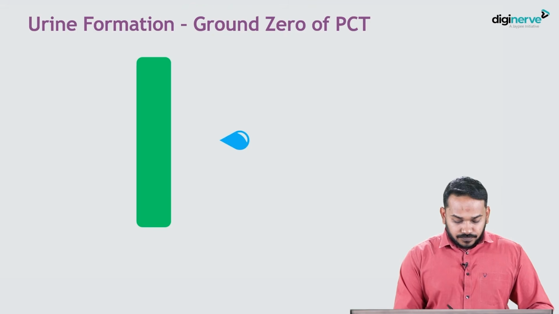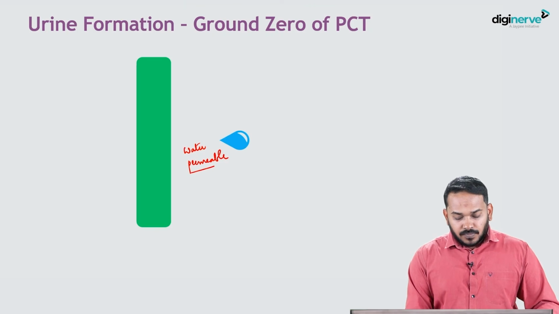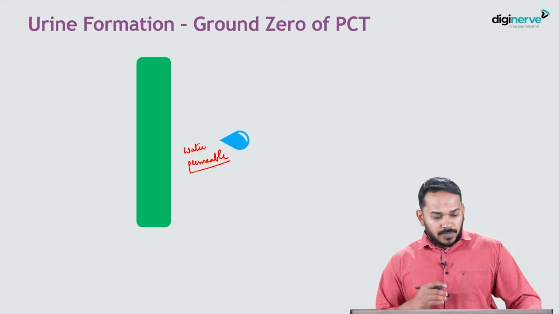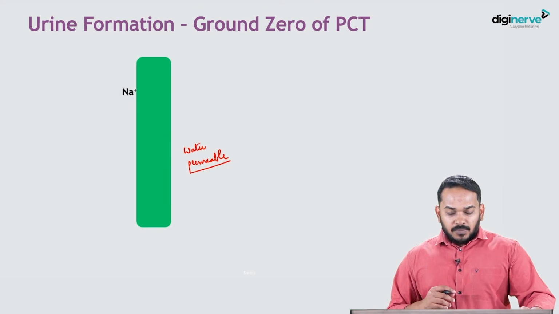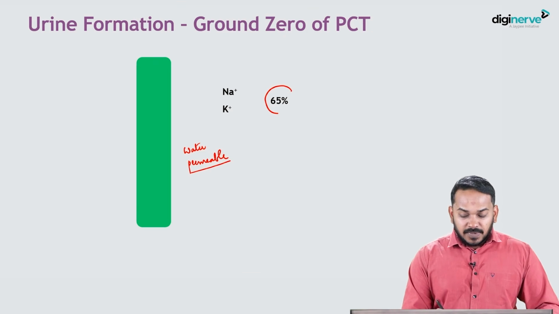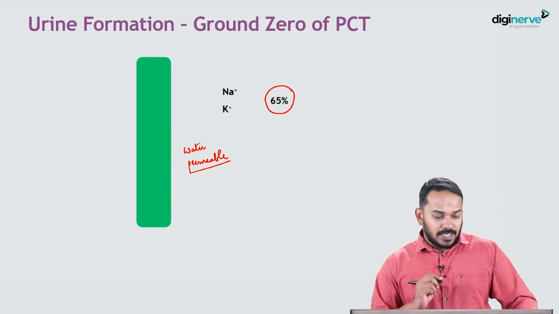The proximal convoluted tubule is freely permeable to water. So some amount of water reabsorption takes place in the proximal convoluted tubule. It also reabsorbs sodium and potassium, and 65% of the sodium and potassium reabsorption takes place here.